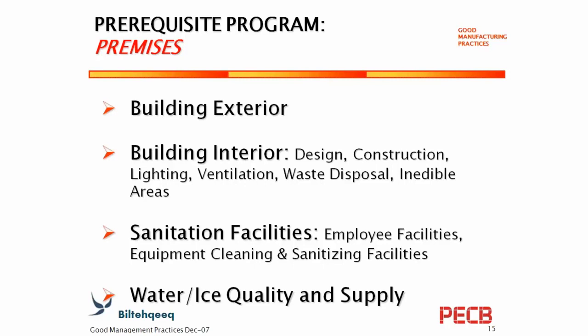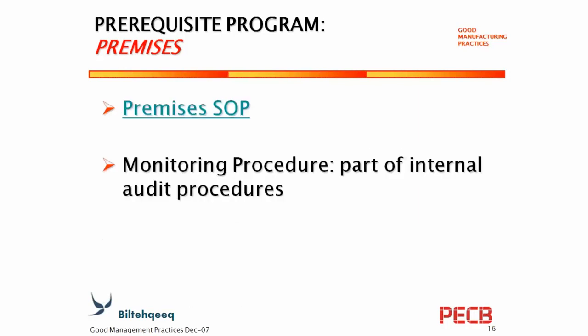And sanitation facility is also very important. You have to ensure that the employees, the equipment and the sanitation facility are proper. The persons should use them in a way that no contamination can affect your food quality.